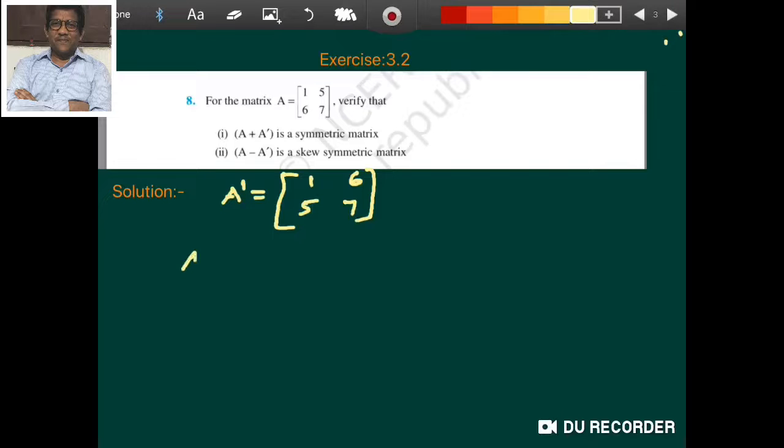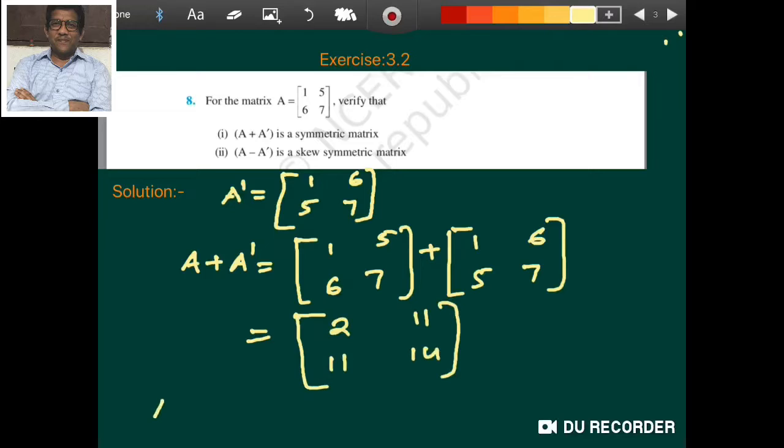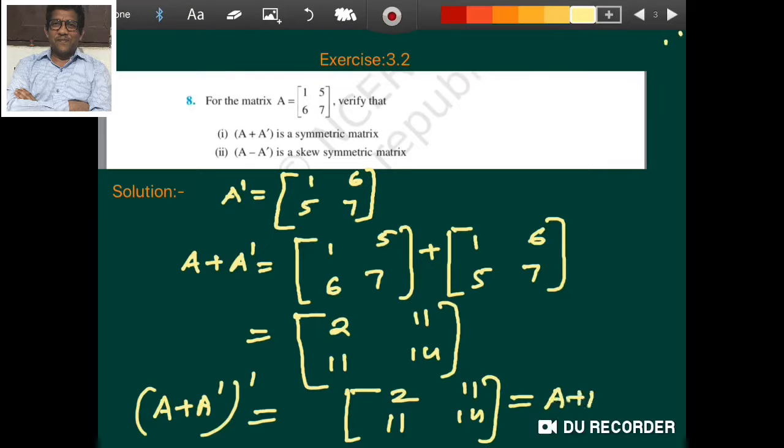We find A plus A dash. As per the definition of transpose, we get the same A plus A dash. It means that A plus A dash is a symmetric matrix.